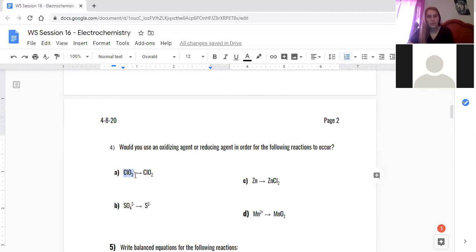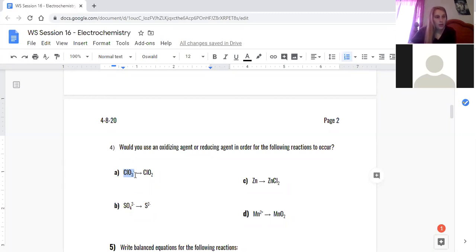Looking at this one. -1 is the charge, but that's not going to be your oxidation state.